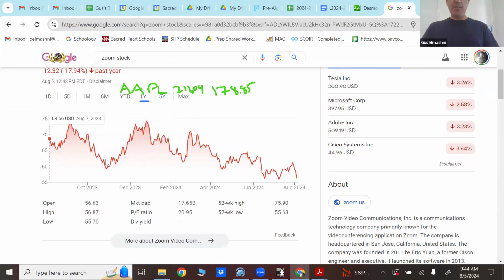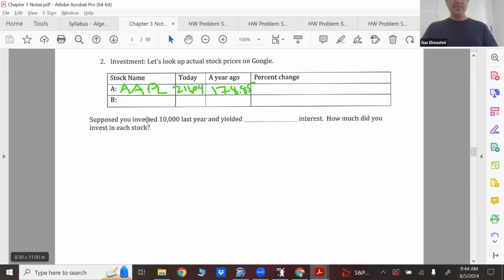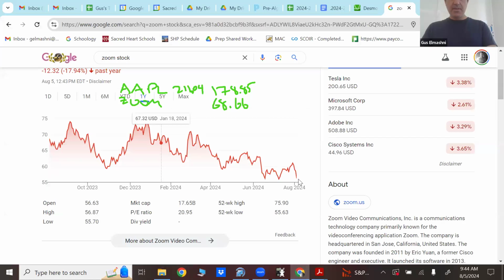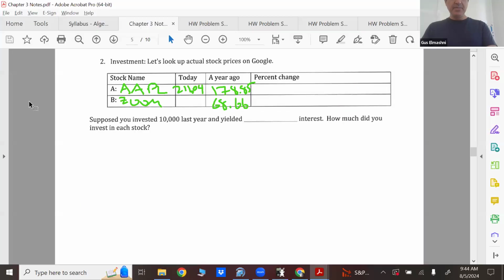So a year ago 68.66, and now 56.34. So Apple kind of makes sense because everyone's using their iPhones. People are spending money on Apple TV or whatever.